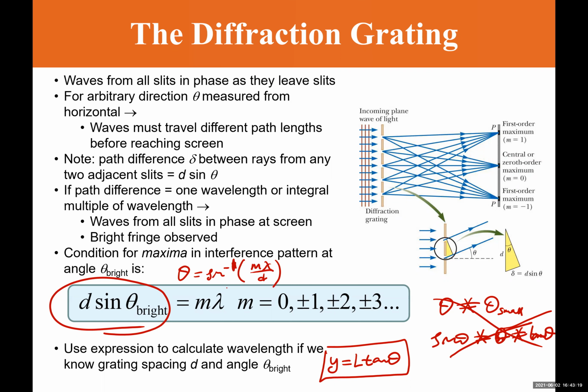So you can calculate theta, and then the same theta can be used here to calculate, let's say, the vertical position for the first order maximum, second order maximum, and so on. But the idea here is that you cannot combine them into one equation where sine of theta and tangent of theta are approximately theta. That's basically no longer applied here.